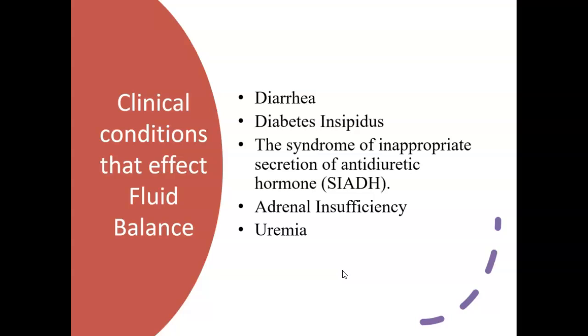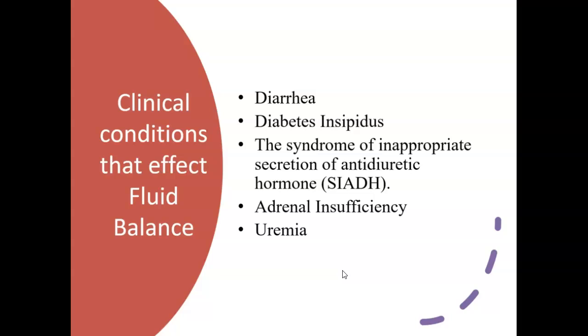Inappropriate secretion of antidiuretic hormone. In this, water's going to flow back into that intracellular space because it's not being diuresed, or peed out. Diuretics are medications or hormones that cause you to urinate and lose water.